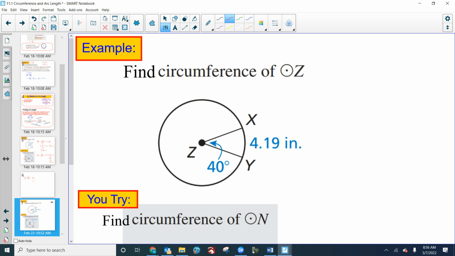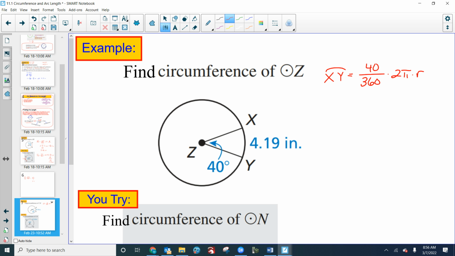All right, find the circumference. All right, this one's a little tricky. What did they give us? They gave us the angle measure, the central angle measure, and the arc length from X to Y. So, isn't arc XY equal to 40 over 360 times 2 pi r?